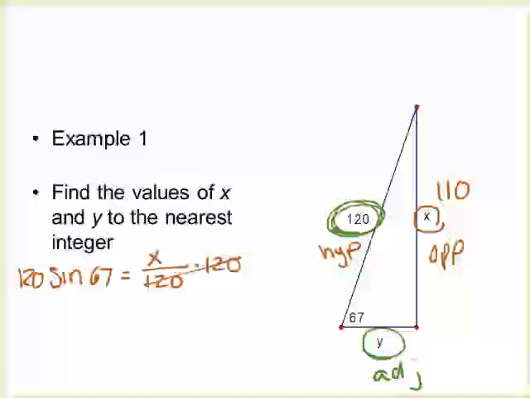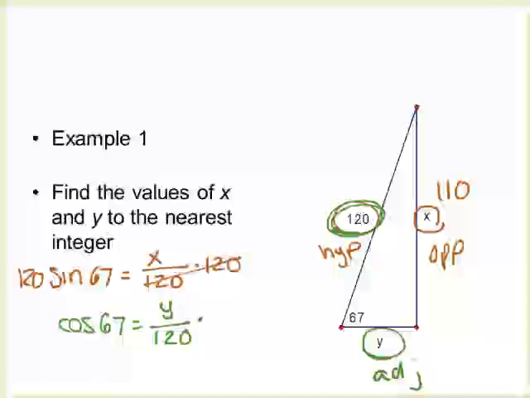So using the y and the 120, the adjacent and the hypotenuse, which trig function would I use? Cosine uses adjacent and hypotenuse, so we'll say cosine of 67 is adjacent, which is y, over hypotenuse 120.